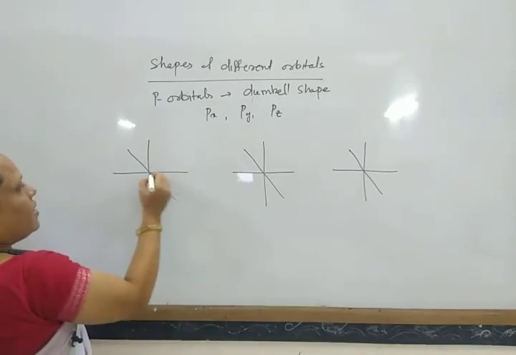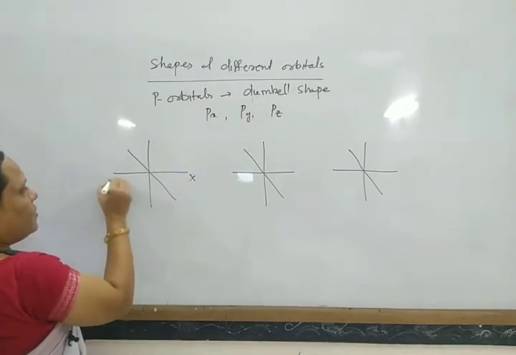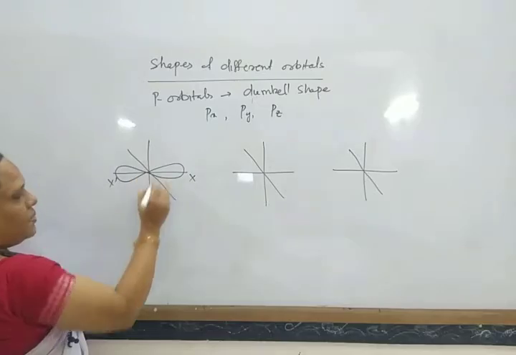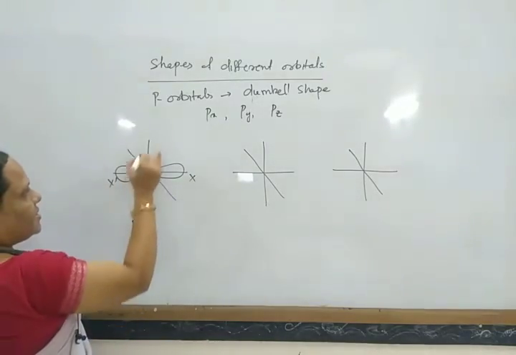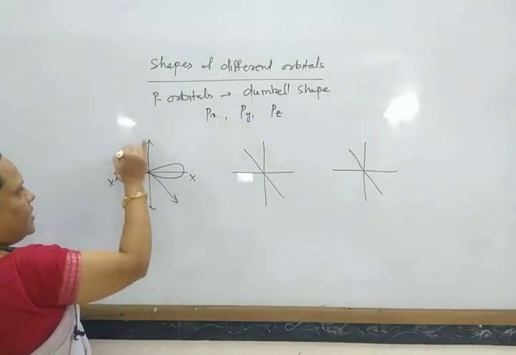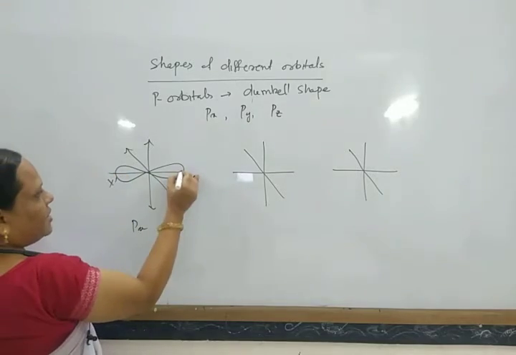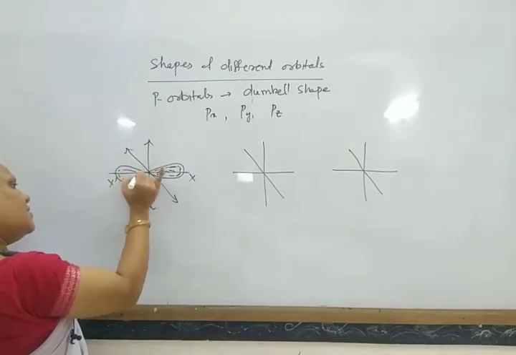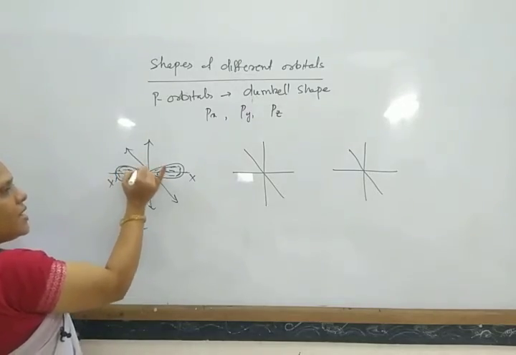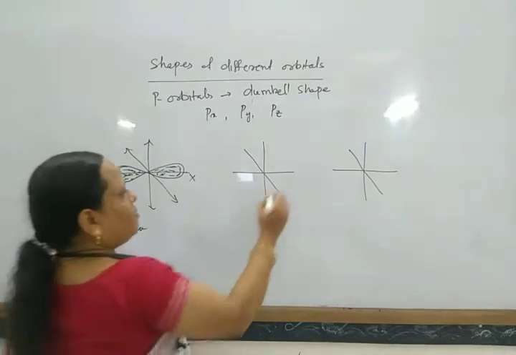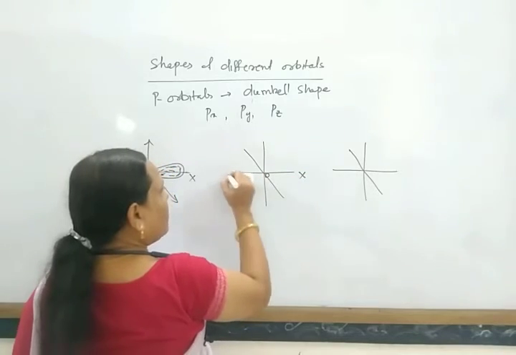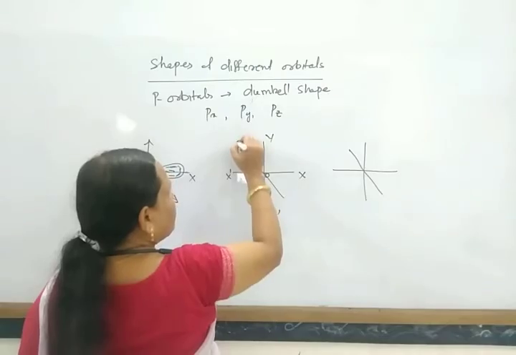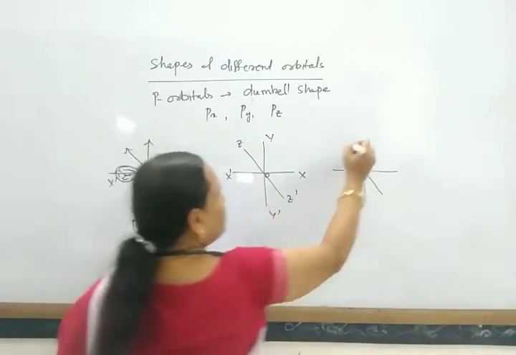So this is the p orbital, px, and all these axes are imaginary lines: x, O, x dash, y, O, y dash, z, O, z dash.